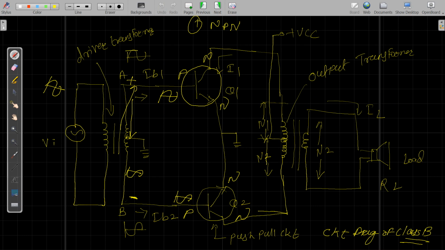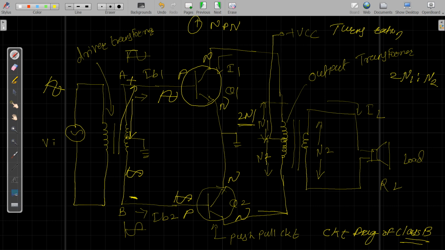That means the number of turns on the primary side of the output transformer is 2N1, and the secondary winding has N2 turns. Therefore the turns ratio is 2N1 to N2. This is how we get the entire output for the class B power amplifier.